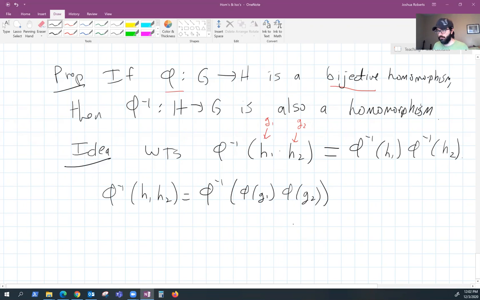Since it's onto, for any element in H, like this guy right here, I can find a G1 that is going to map to it. That's why I can say that's phi of G1. These are the same two elements. Now I'm going to use the homomorphism property of phi to say this is equal to phi inverse of phi of G1, G2.